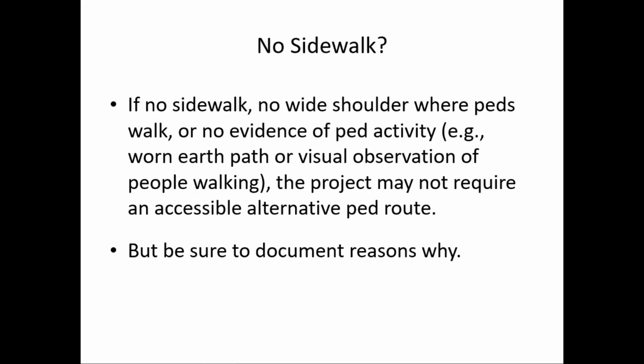There's no goat trail worn in there, no real evidence of pedestrian activity. I would even take a photograph of that and document that it appears there's really no pedestrian activity here, so we are not going to be providing an accessible alternative pedestrian route. So documentation is important, and a lot of what we're talking about today. A conclusion would be, document, document, document.